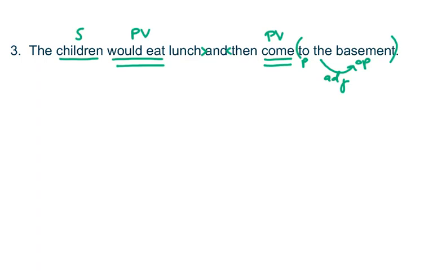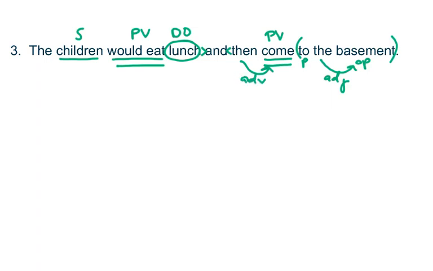Okay, let's look here. Does it tell us what the children would eat? Yes, it does. It tells us they would eat lunch. That's our direct object. Let's look for any words that we do not have marked yet. What about then? Then is an adverb that modifies come. When?